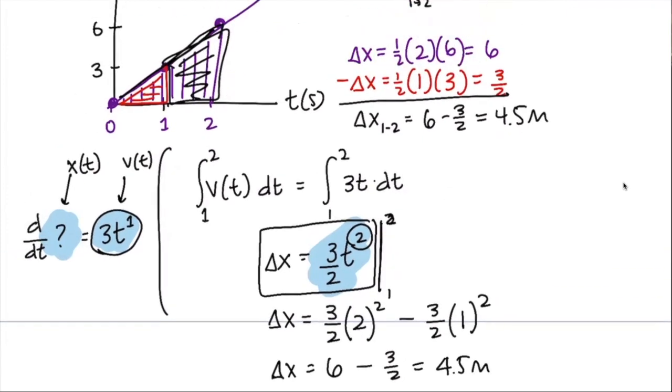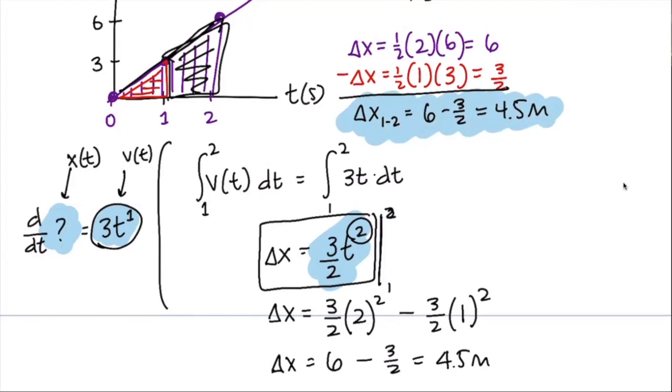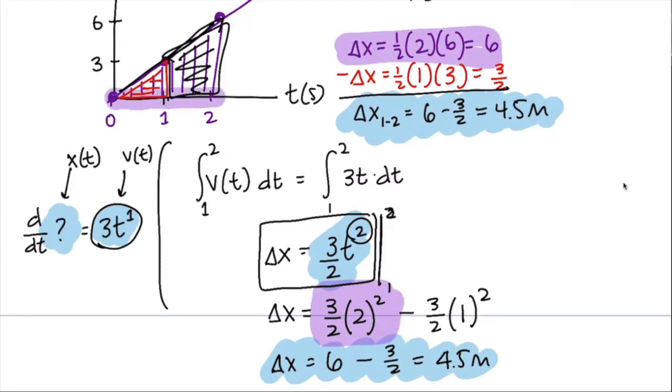In fact, check this out. I did the exact same operation, 6 minus 3/2, up here. One more time, I did that exact operation here. So this part of my definite integral, 3/2 times 2 squared, the value of 6, is the same thing as the triangle from t equals 0 to t equals 2.